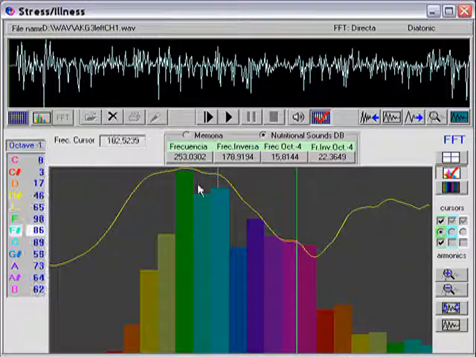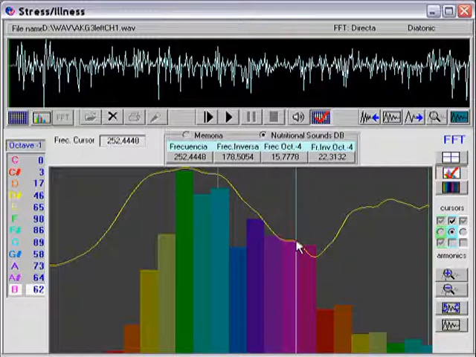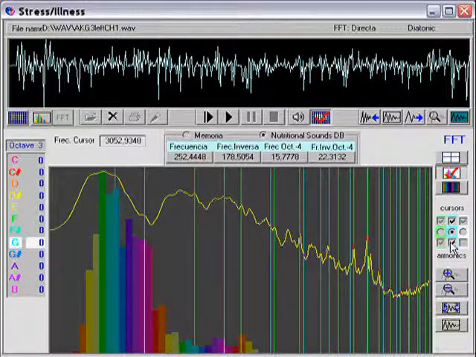Let's leave that cursor with what it was there before, and let's make another cursor for this one, 253. Okay, so let's see what the harmonics look like. Just click out and just look at the harmonics of that one. You see that the other one takes that.